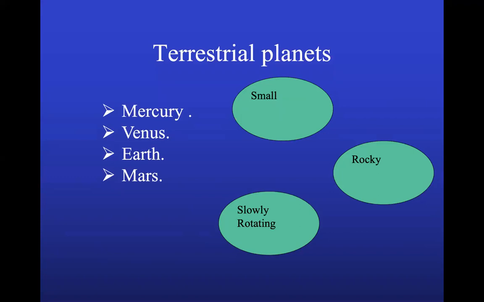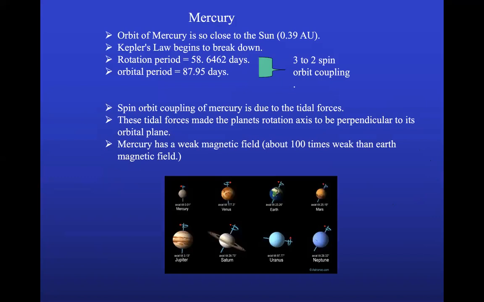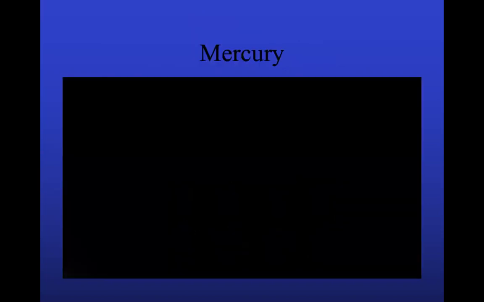And then we talked about terrestrial planets and their different properties. We specifically talked about Mercury because it has this orbit that goes in the reverse direction. Sorry, not Mercury, actually Venus has the retrograde direction.